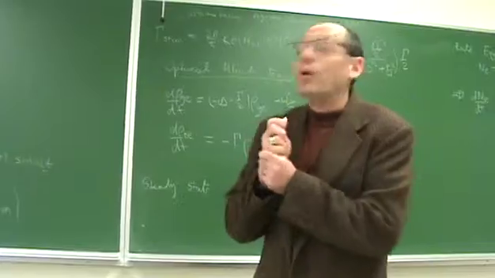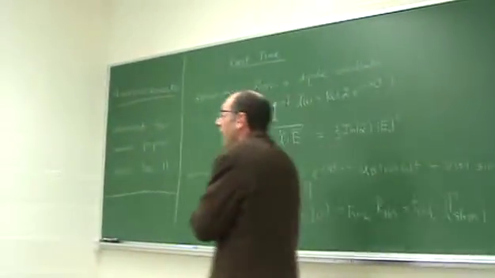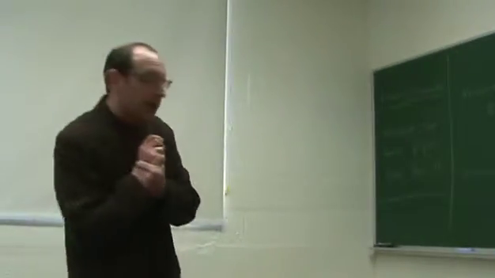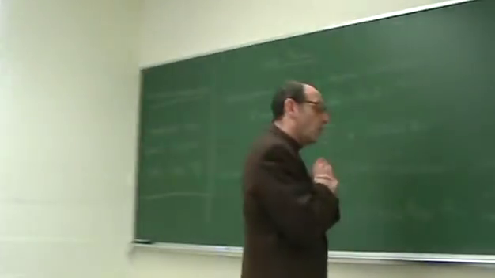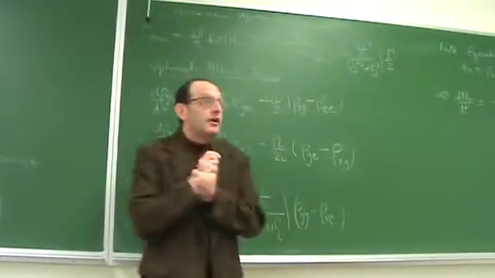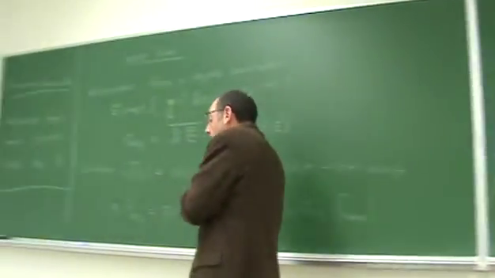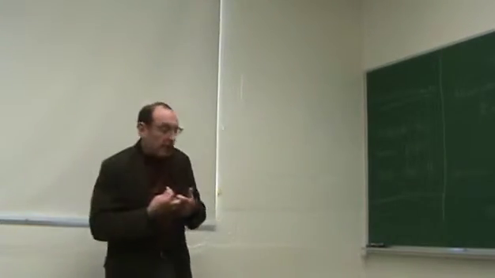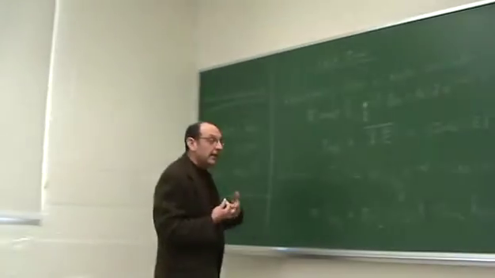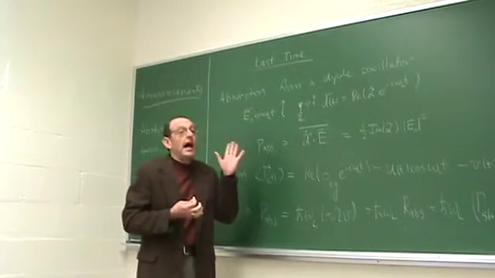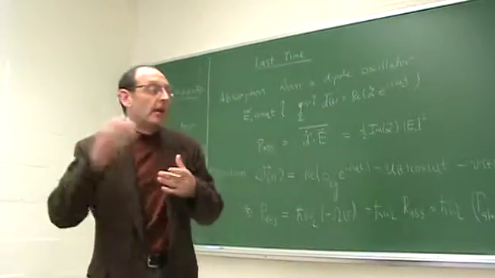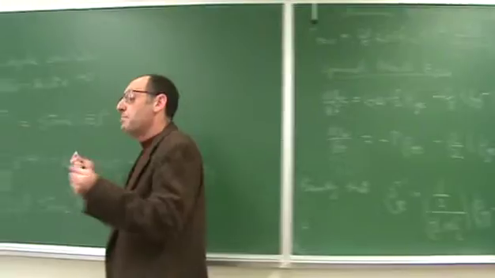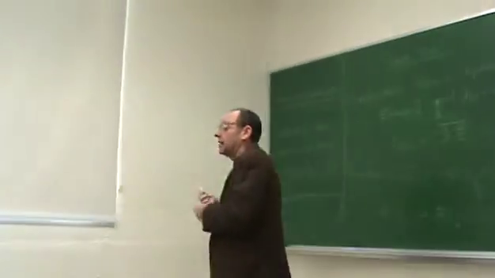Okay, so we've been talking about absorption and emission of light by atoms, a very important topic. One of the things that's very important to understand is that much of our intuition about absorption and emission can be gleaned by studying the classical problem of absorption of an electromagnetic field by a bound charge, by an oscillating dipole.